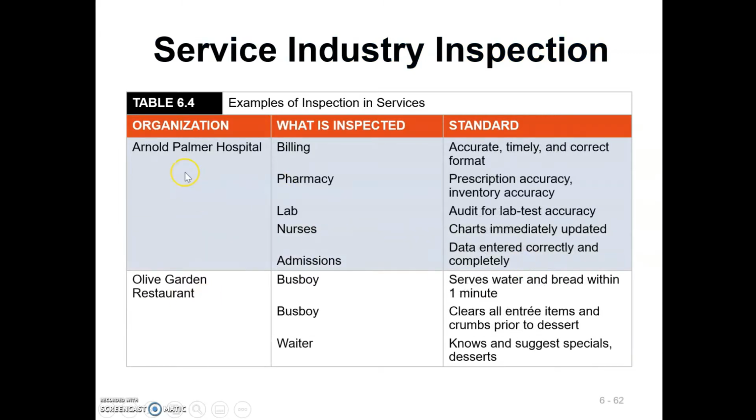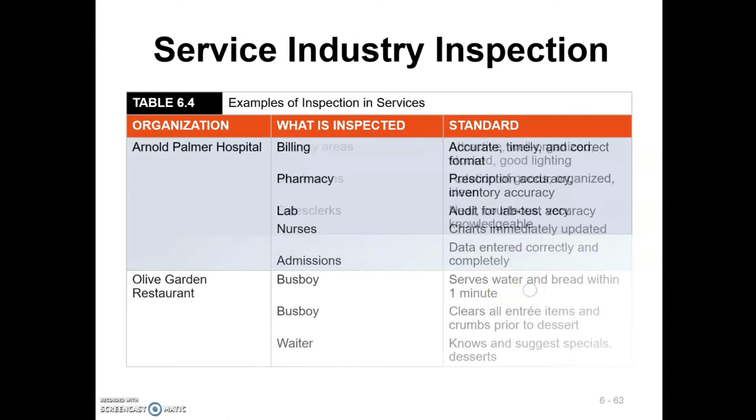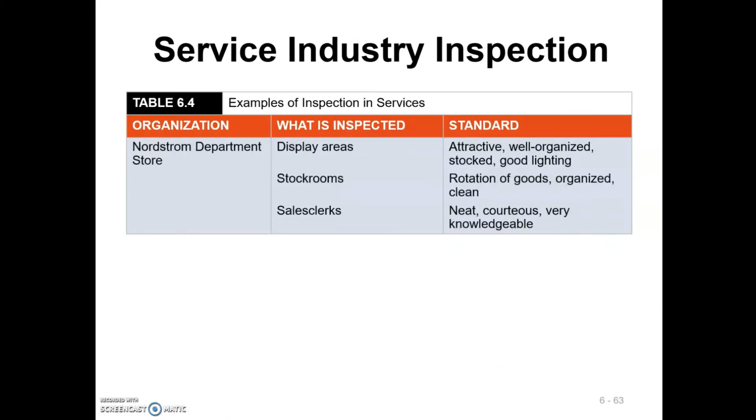In Arnold Palmer Hospital, in terms of billing, it should be accurate, timely and in the correct format. In a restaurant, the busboy should serve water and bread within 1 minute. One more example, a department store: at the display areas, you have attractive, well-organized, stocked displays with good lighting.